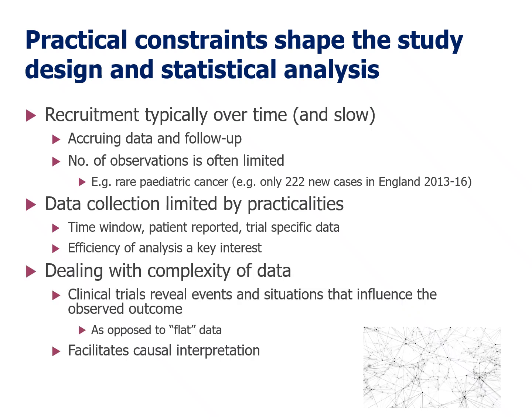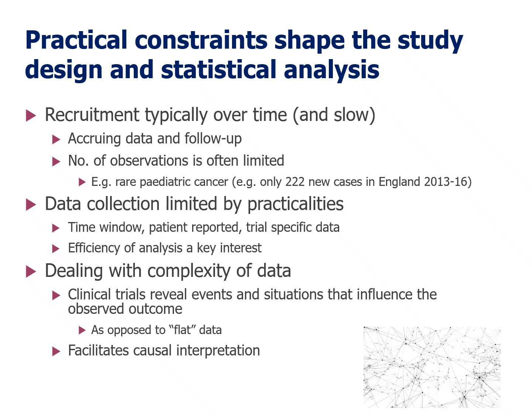We have to deal here with complexity of data, which is another aspect from a statistical perspective. Clinical trials reveal events and situations that influence the observed outcome, and the importance of this can't be overemphasized. This is a great benefit of a clinical trial in that you understand the longitudinal process much better, and you understand and find out about things that are hidden in other simpler, what you might call flat data sources, such as routine ones like registries and healthcare system data.